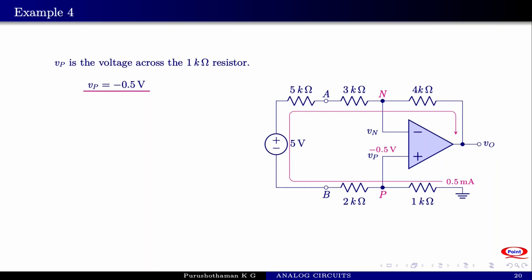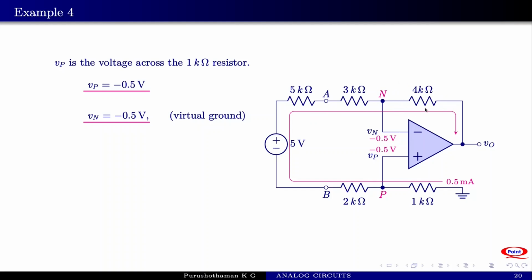And since there is virtual ground, Vn also is equal to minus 0.5 volt. So as in the previous case, you can calculate Vo equal to minus the voltage across a 4 kilo ohm resistance plus Vn. There is a current of 0.5 milliampere flowing through the 4 kilo ohm resistance, which will develop a voltage of 2 volts across this.